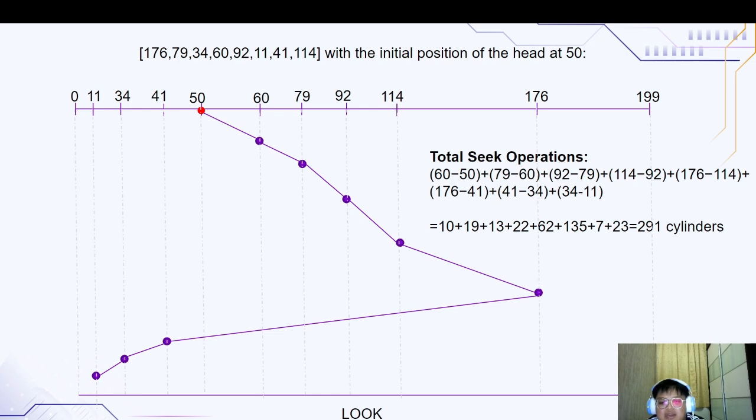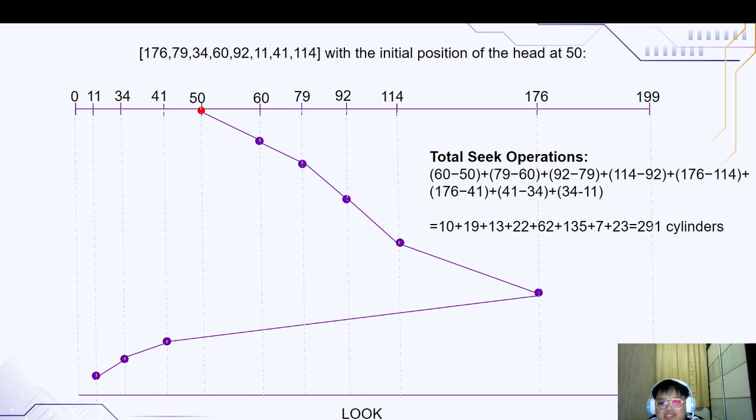So in the LOOK algorithm, it will reverse the direction from right to left. Our next request is on the left side, 41. So from 176, it will move left to 41, and then stay in that direction until our final request, which is 11. From 41, it will move to 34, and then finally stop at 11, the last request.